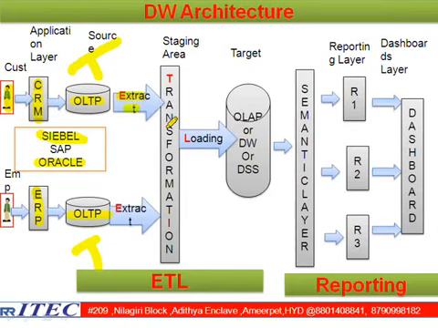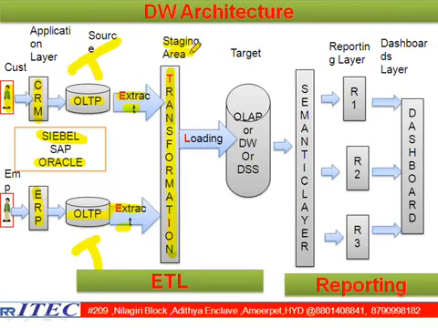Whatever I require for analysis purposes, those things I am trying to extract. Once I extract the data, I convert it in the way the customer is looking for. This conversion will happen in one area, and that area is called the staging area.